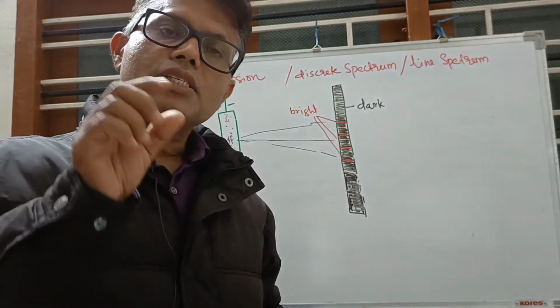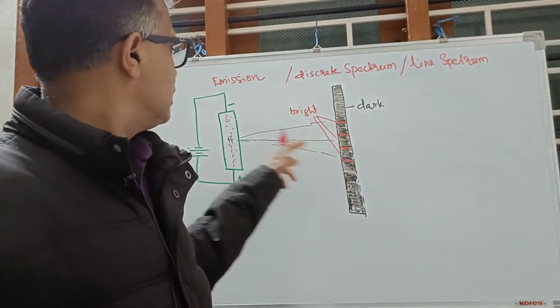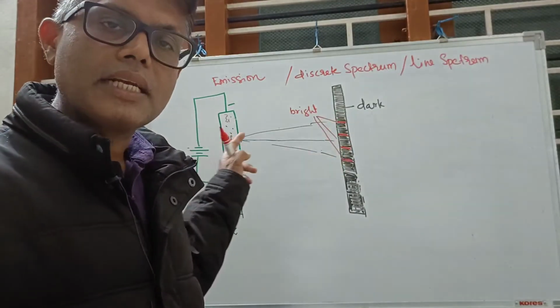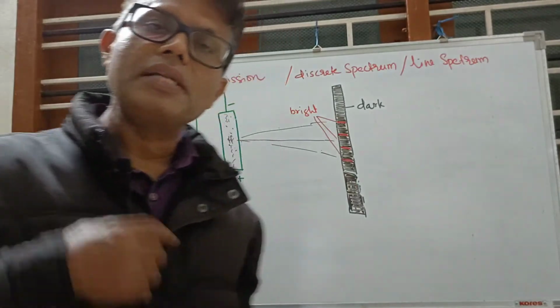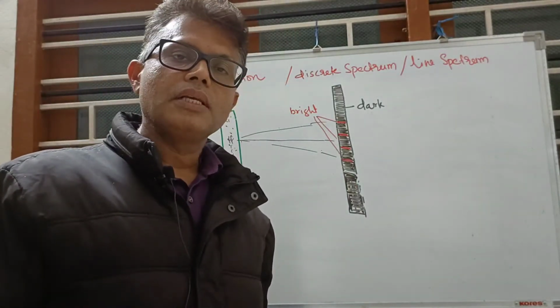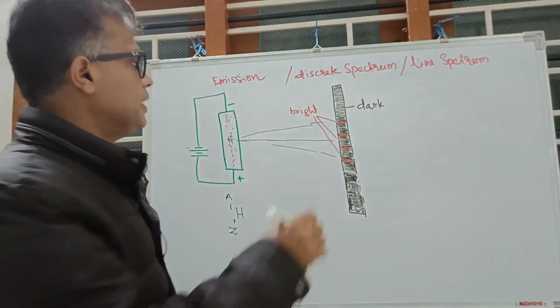That is the characteristic of this gas. Same like this is the characteristic of hydrogen gas. We will study here only the hydrogen gas, what spectrum it is making. Clear, no?